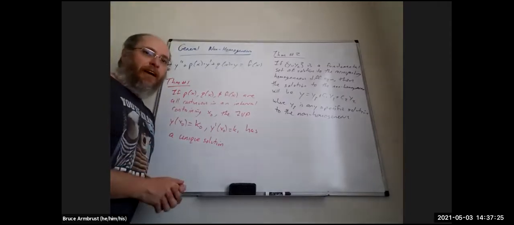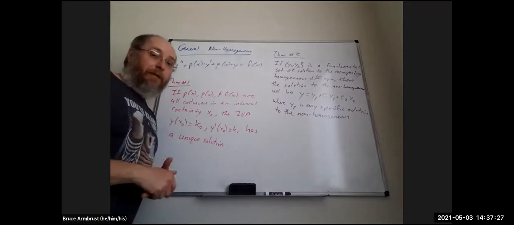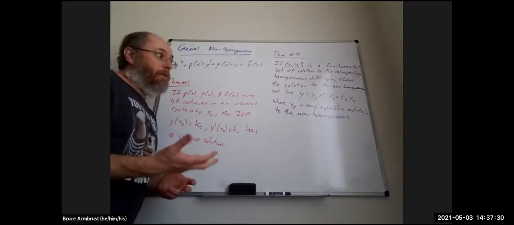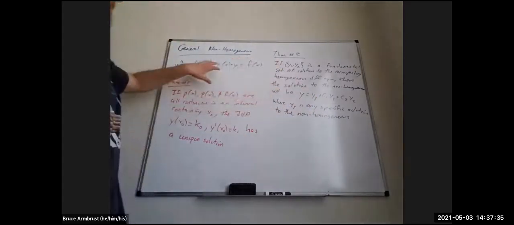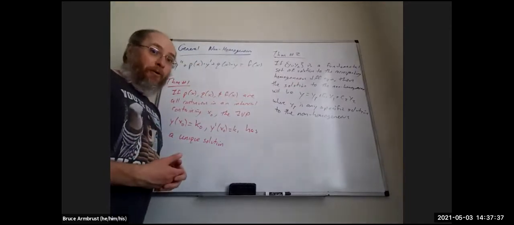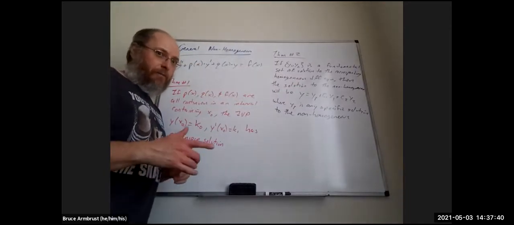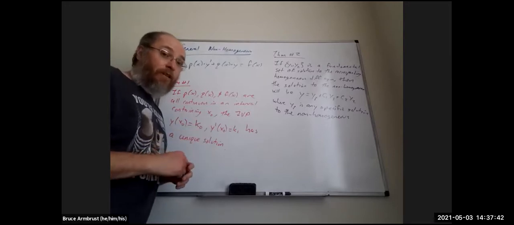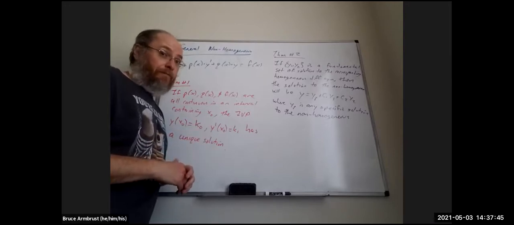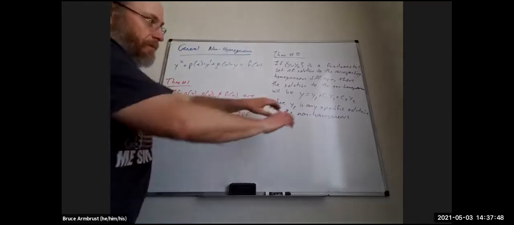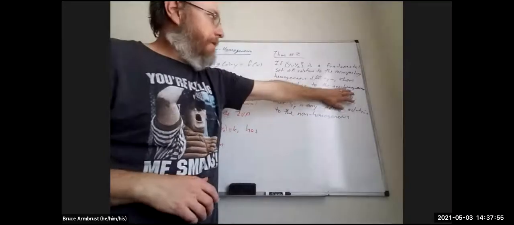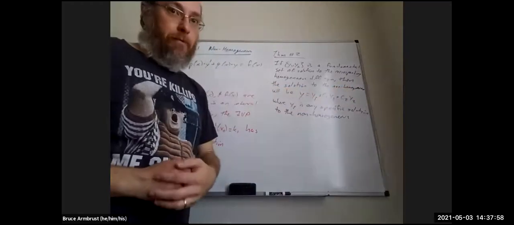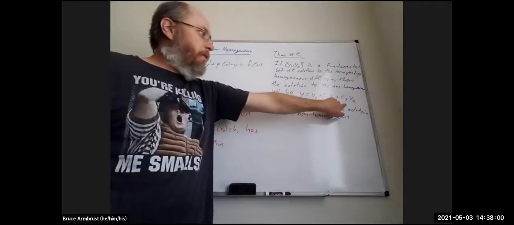Okay, so let's actually talk through the proof of this. I don't think I'm going to prove it fully, but let's just talk through it. Think about what we're going to do. We're going to take this, differentiate it to the second derivative, and put it back in. Well, we know that linear differential equations are linear operators, which means we can think about these two parts separately: the y particular and the C1 Y1 plus C2 Y2.